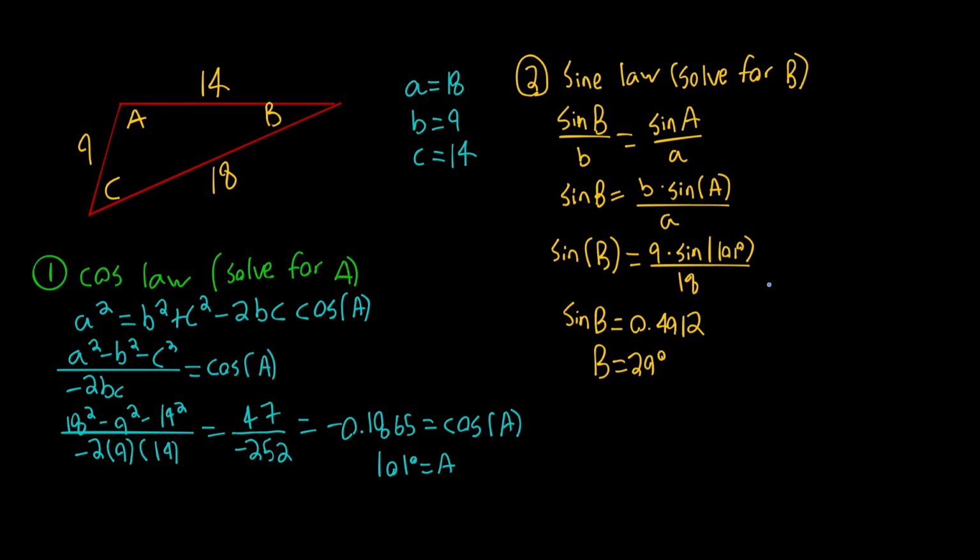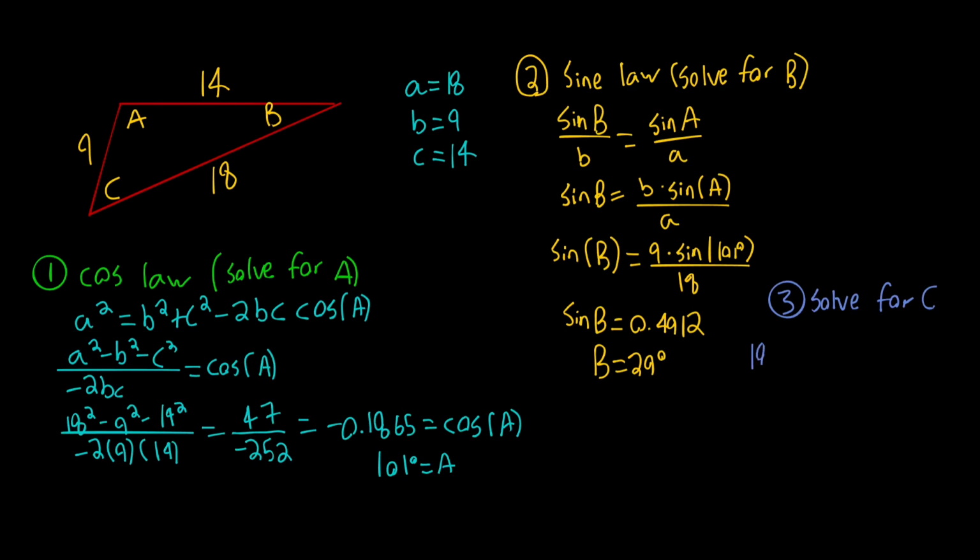So now we're going to go into part 3, which is to solve for the angle C. We can use both sine law and cosine law here, and we could have also used cosine law in part 2 of this, just to clarify. But now that we have two angles, the easiest thing to do is to use angle sum.